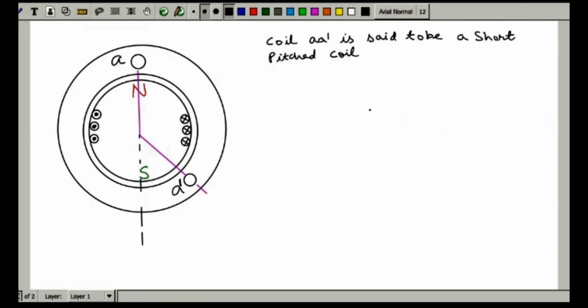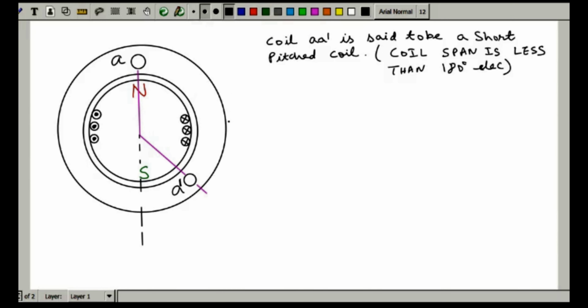What is the meaning of short pitched coil? Short pitched coil means coil span is less than 180 degree electrical. Now if you notice, I have taken the case of a two-pole machine.